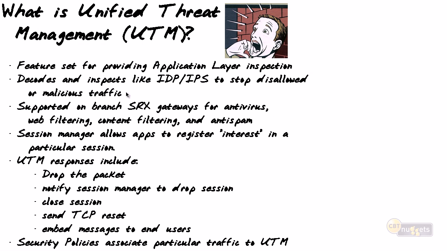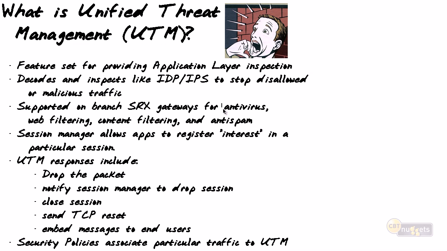Okay? Now, this feature is actually, at this point in time, only really supported on the branch SRX gateways, okay, not the higher end enterprise devices. And we get 4 main features. And that's what we're going to look at in this nugget and the 3 to follow as we finish up this Juniper JNCIS security series. The antivirus feature, the web filtering feature, the content filtering feature, and anti-spam.